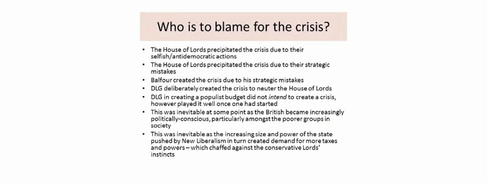It was inevitable that more and more poor people, as they became more politically conscious, particularly as they became poorer, would demand more and more rights, and they would demand more and more reforms. And this would chafe up against the House of Lords, who represent the rich. And at some point they were going to reject something which the people think they deserve.